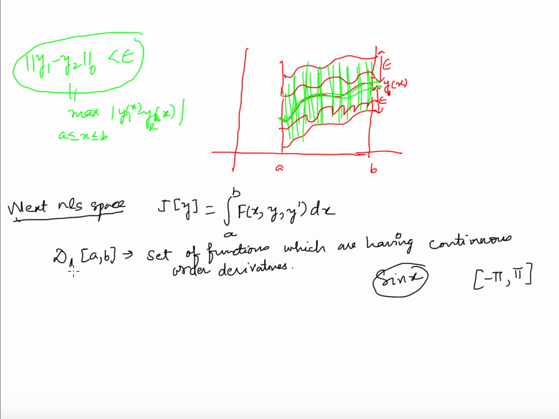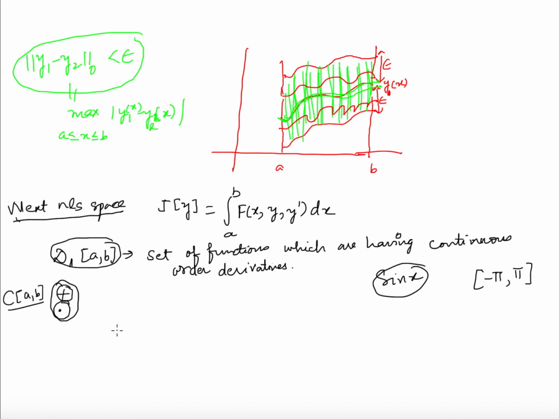So sin x is a function in this set. And how do you define the plus and dot operations? Similarly, as we have defined for C[a,b]. The plus operation means addition of functions, and this dot operation is multiplication of a real number with that function, right? So you can check that this set with these two operations forms a linear space.